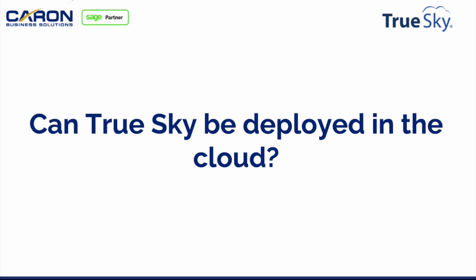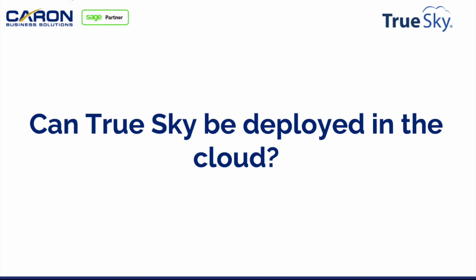Yeah, so TrueSky can be deployed what we call on-premise. That could be a data center that you control, or that server back in your closet in the back room kind of thing. We also have an offering called TrueSky Online, so TrueSky in the cloud. Unlike a lot of other vendors, you don't give up anything by going to the cloud with TrueSky. So you can have a budgeting and forecasting solution that's in the cloud.